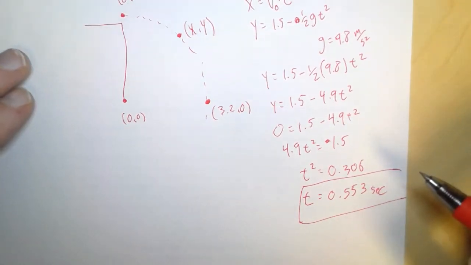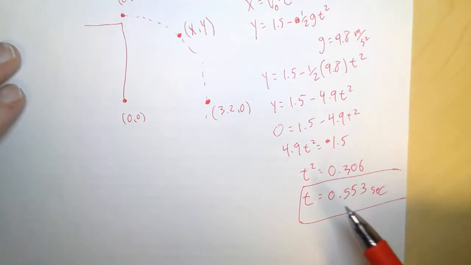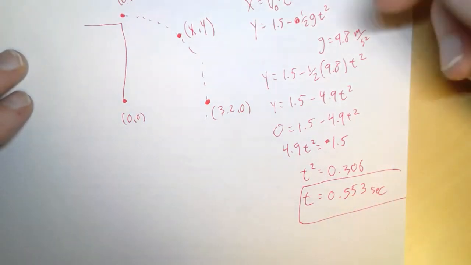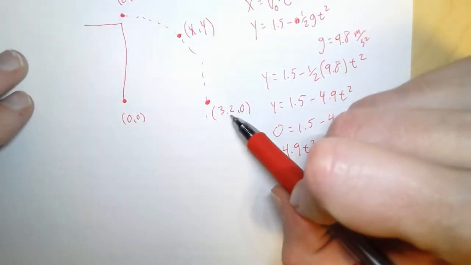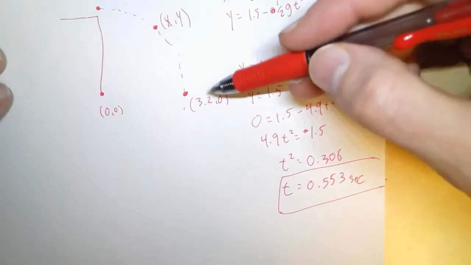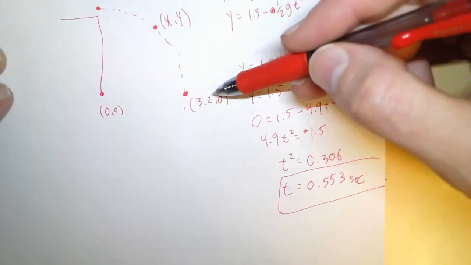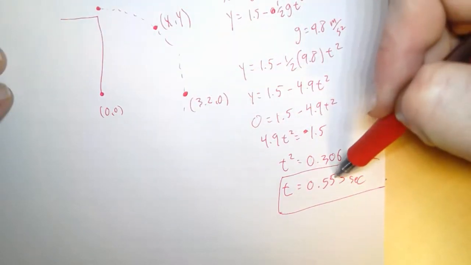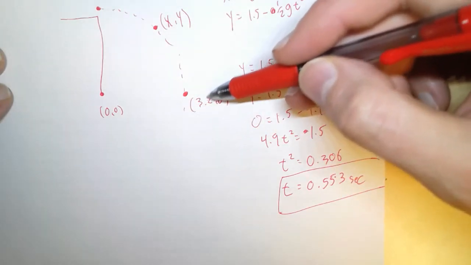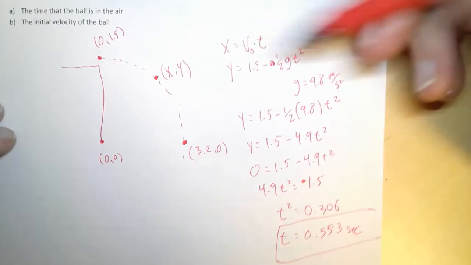So what we need to figure out is what is the initial velocity of the ball. Well, this is where this piece of information helps, because we know that at 0.553 the horizontal distance should be 3.2. So we take this piece of information, plug it in for t. We're going to take this piece of information and plug it in for x up here.